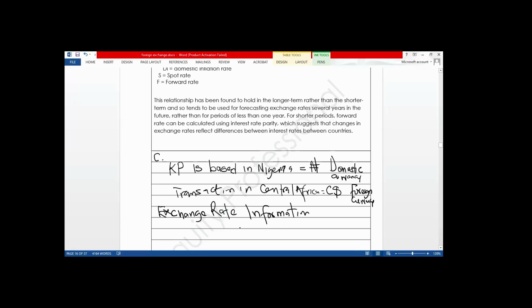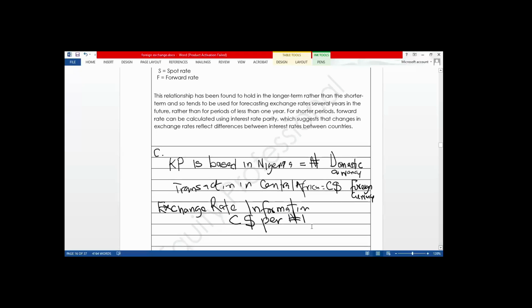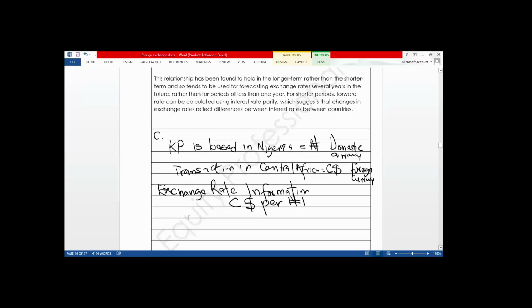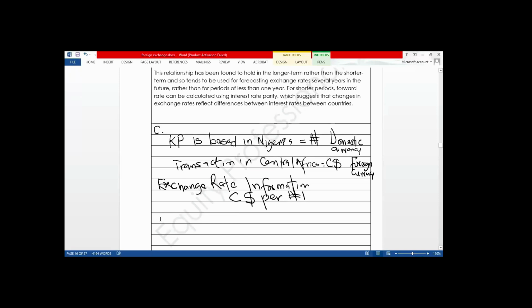Examiner says central dollar per 1 naira. Please, guys, what is this type of quotation? Indirect. This looks indirect here. It's an indirect quote.